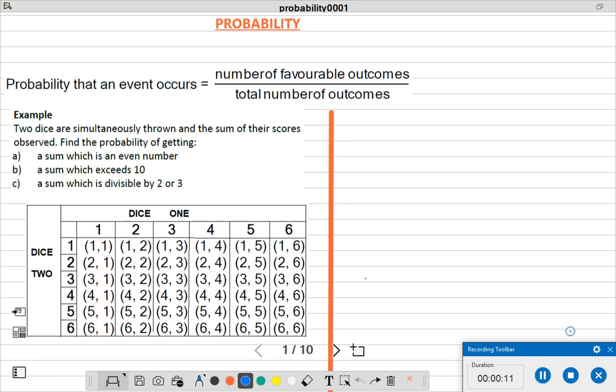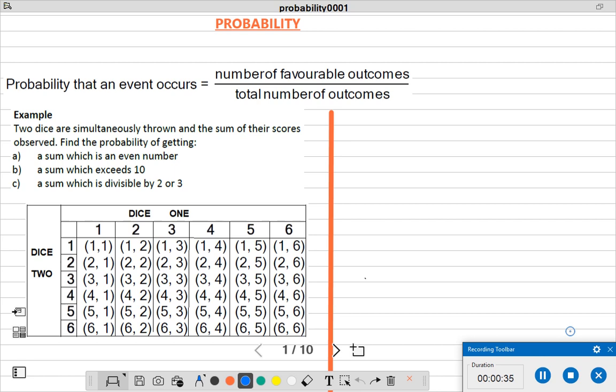Now, probability is a way of predicting an event. We use it to tell how likely or unlikely an event will occur. So the concept of probability is used frequently to answer some questions in our daily life.